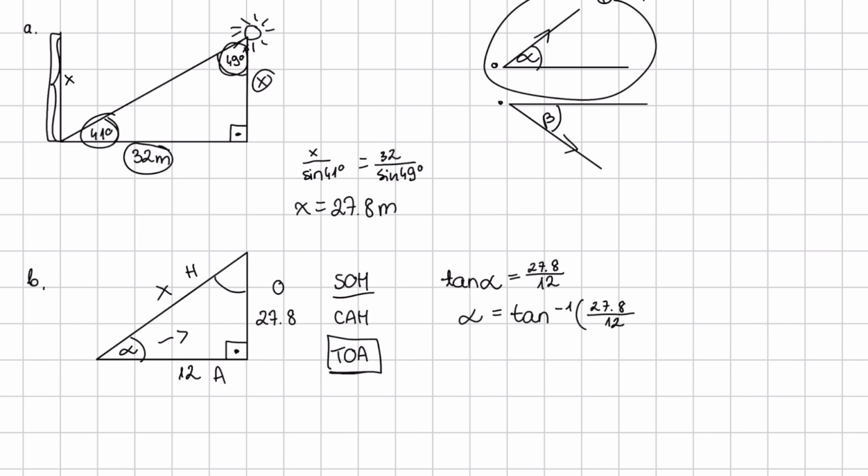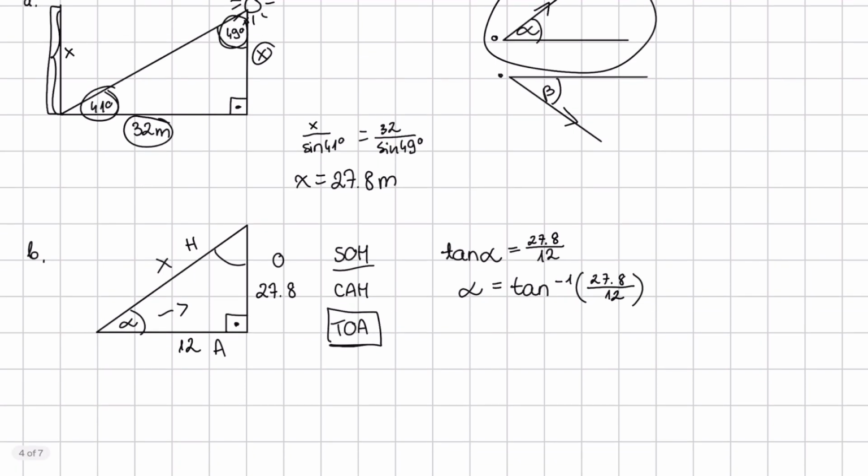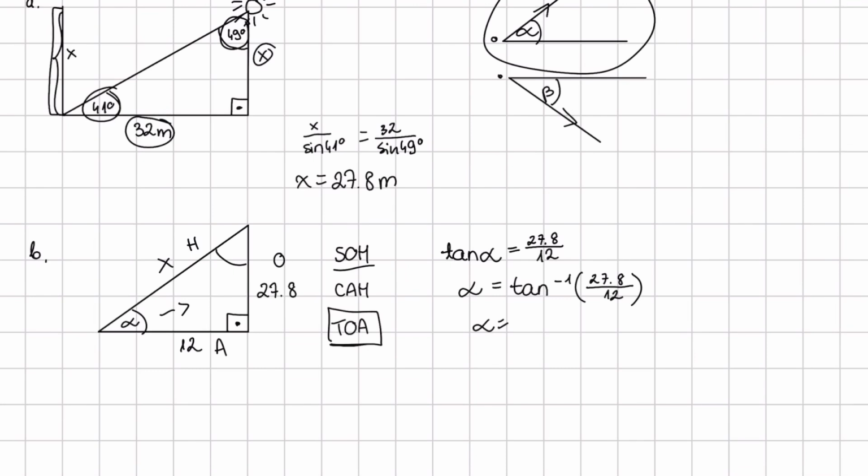And the answer will be the same no matter your solving method. So our answer is 66.7 degrees. Of course, this angle should be greater because I didn't pay much attention to the image, just this length should be longer than this.